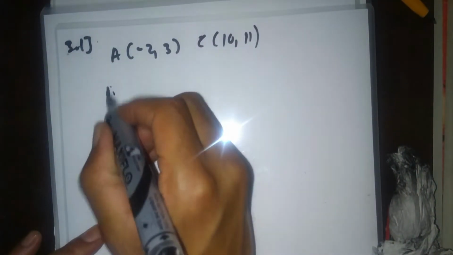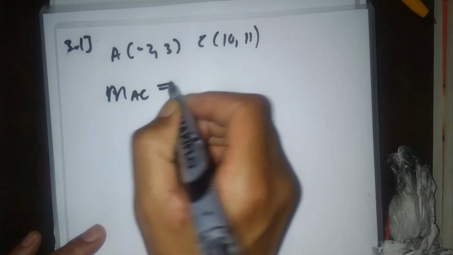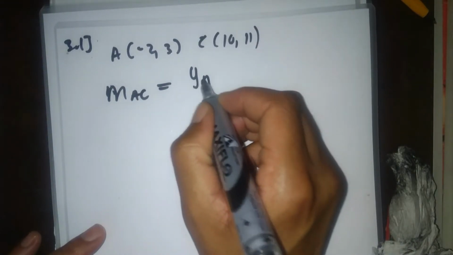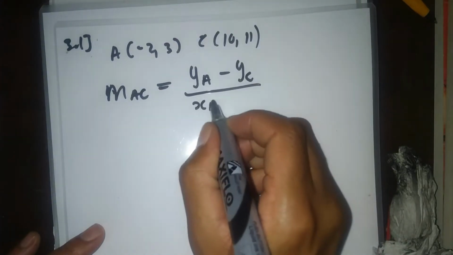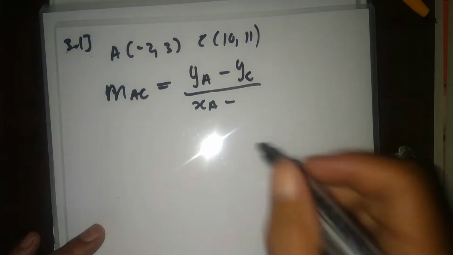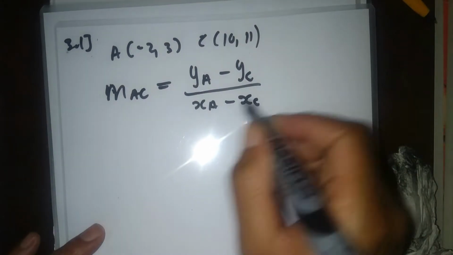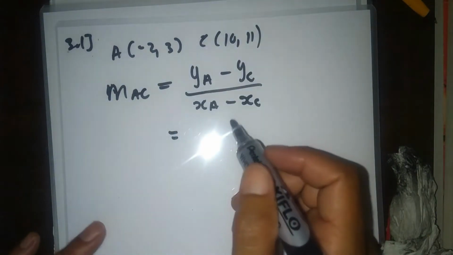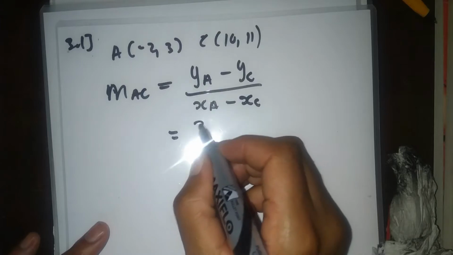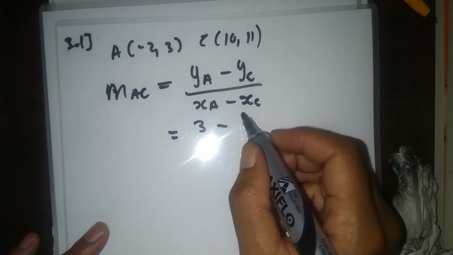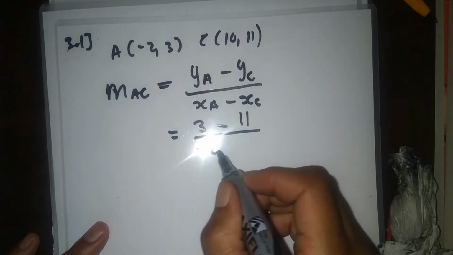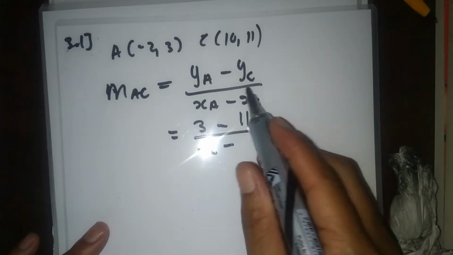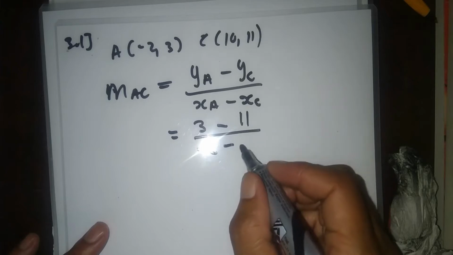This is simple stuff, but as we calculate, we will need this information in the future for other calculations. So gradient AC is (YA minus YC) over (XA minus XC): 3 minus 11, over -2 minus 10.